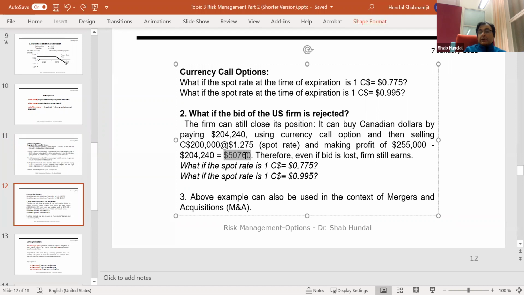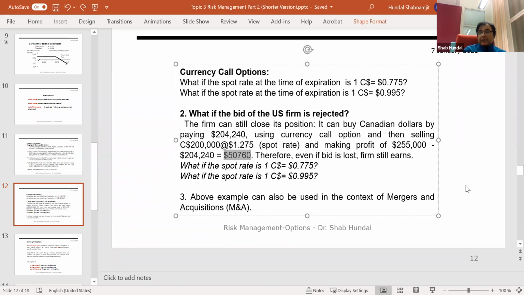So whether your contract is accepted or rejected, if the future spot rate is more than the strike price or exercise price, you will be gaining something, or at least you will be able to recover some of the option premium.